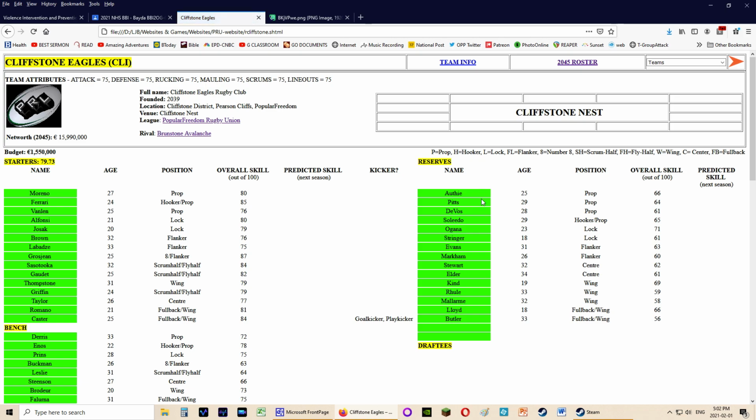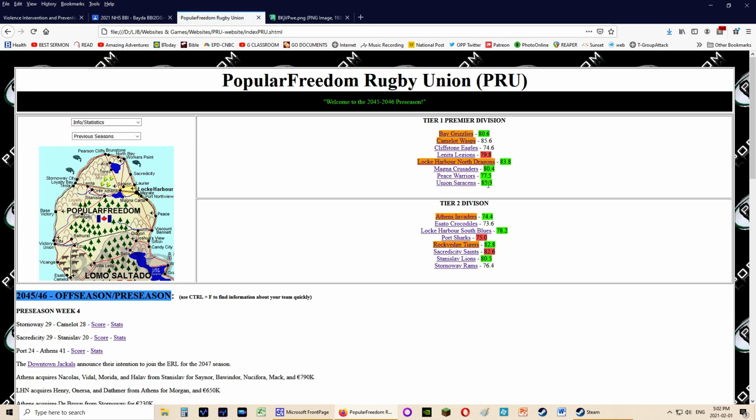However, Cliffstone is a team you can choose. And as I mentioned last semester, they had a slew of injuries, and unfortunately for them, they did not do well during the season. However, luckily for them, their starters did come back for the playoffs. And so as a result, they ended up in Tier 1.